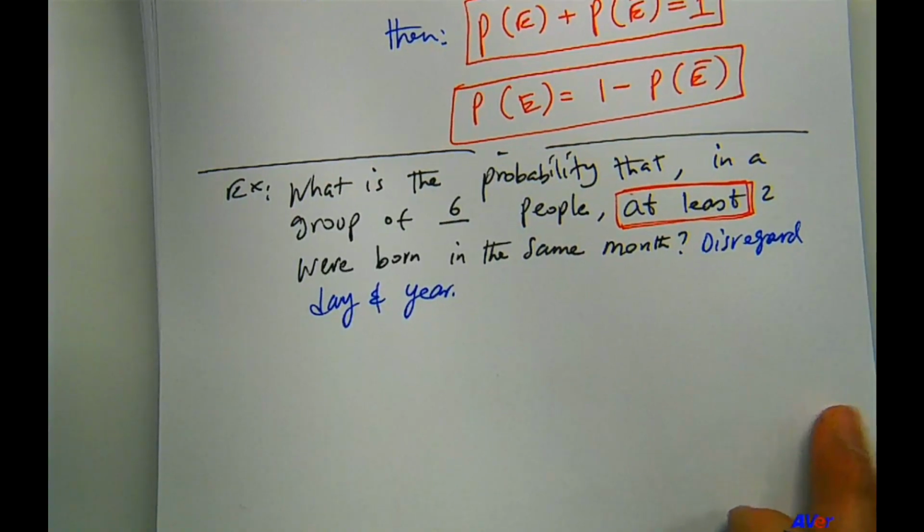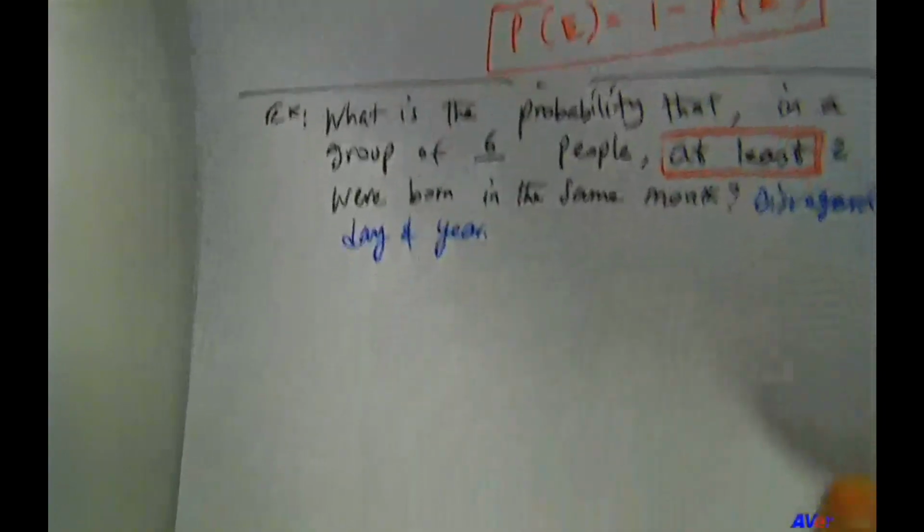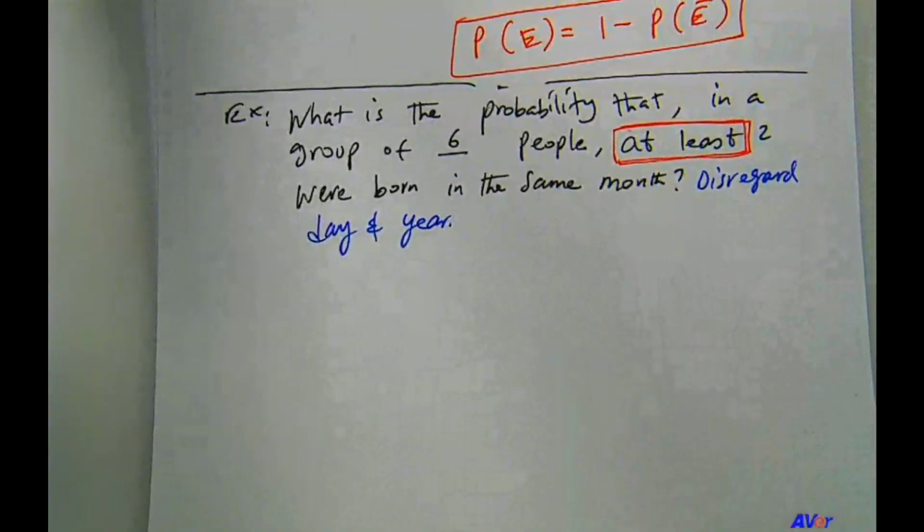So let's do that. We're going to find out what is the probability, or in how many ways, how many possibilities are there, and its probability of none of these people having been born in the same month, right? So, first of all, let's calculate in how many ways could these 6 people have been born in any month with no restriction, right?